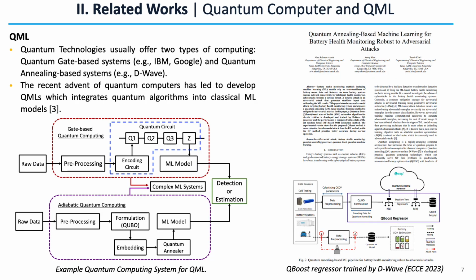The last section of related works gives us a deep dive into quantum machine learning algorithms and how they can be formulated. As seen on the left, complex machine learning systems that involve the use of quantum computing can be of two types: a gate-based quantum computing system or an adiabatic quantum computing system, which is essentially an annealing-based quantum computing system.